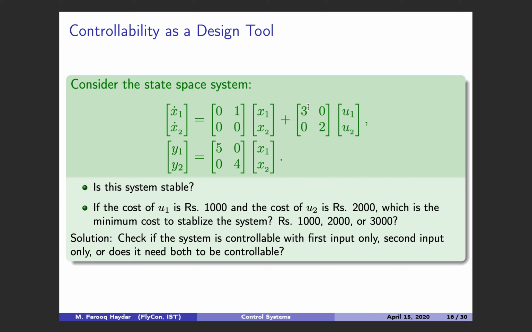For the second, you have to delete the first column. And for the third, you don't have to delete anything, you just calculate the state controllability for the whole system. Then you will end up answering what the cost is to stabilize the system. This is a very simple example which tells us how controllability helps us in design.